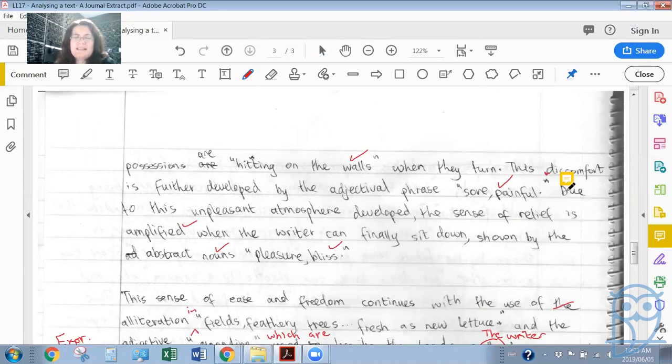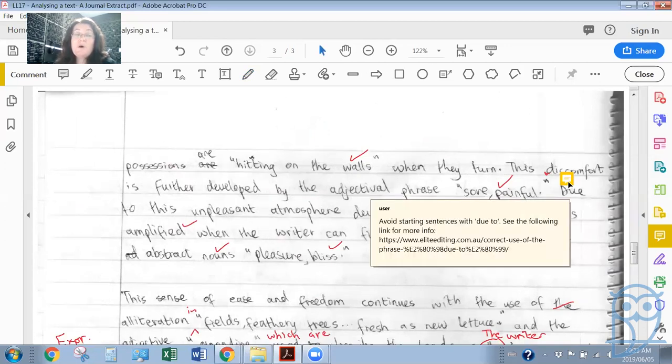And then the student went on to say, due to this unpleasant atmosphere, and I just want to show you the comment that I've made there, avoid starting sentences with due to, okay? And the reason for that is due to essentially stands for caused by, so you cannot start a sentence with due to, okay? Caused by, that's not going to work.